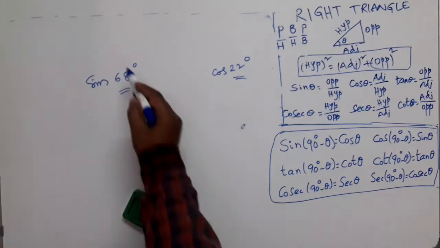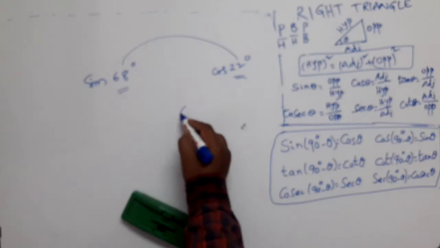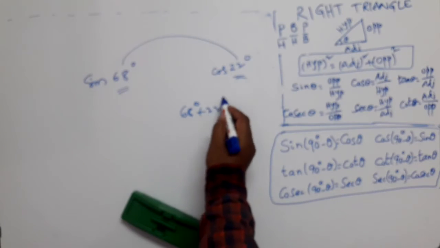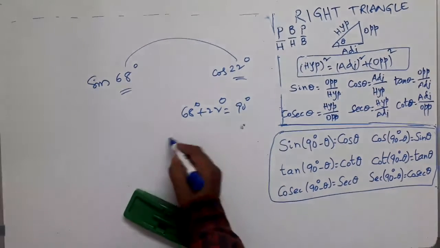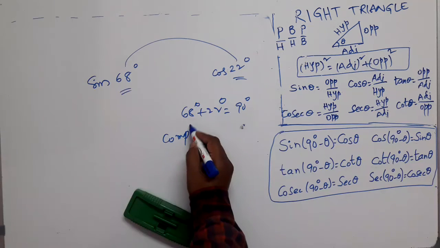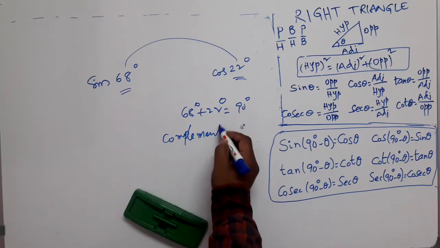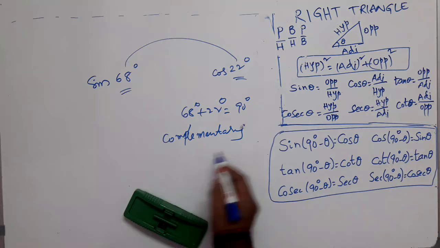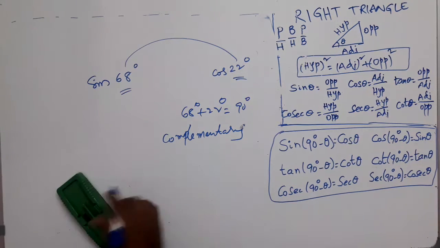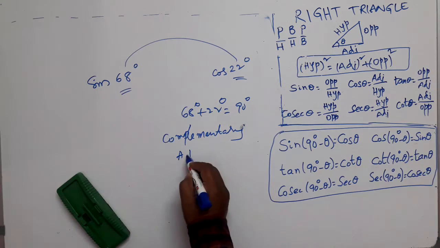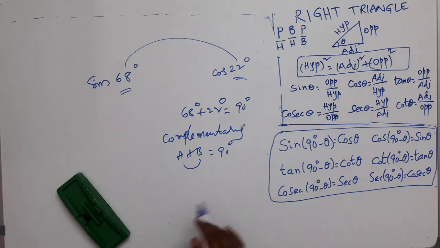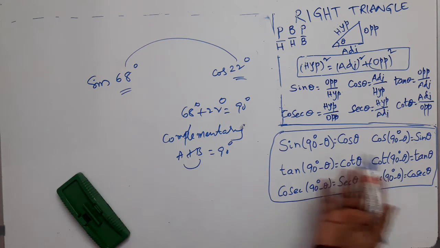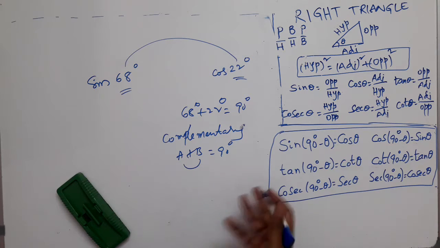Yes. If you observe, the sum of these two angles, 68 degrees plus 22 degrees, is 90 degrees, is it not? They are complementary angles. If a plus b is equal to 90 degrees, a and b are called complementary angles of each other. So in that case, this formula will hold good.